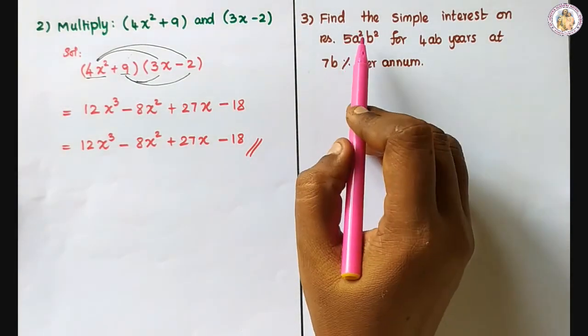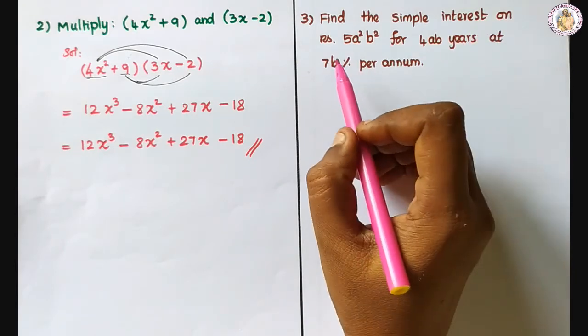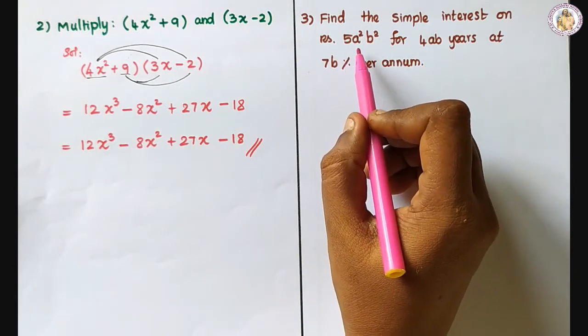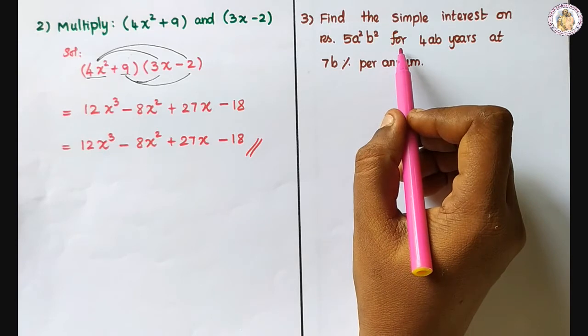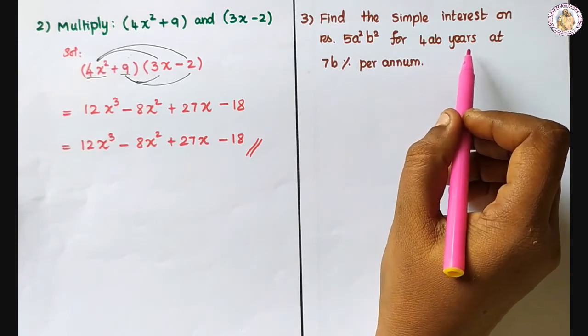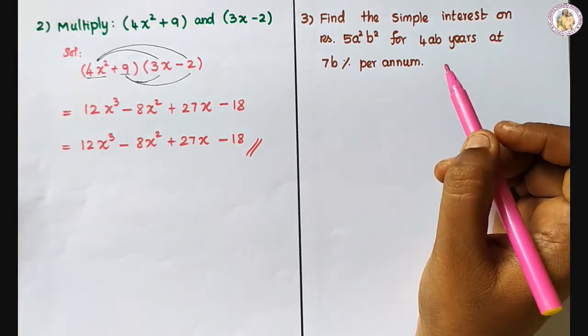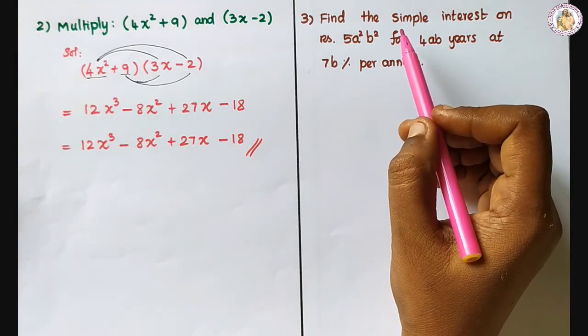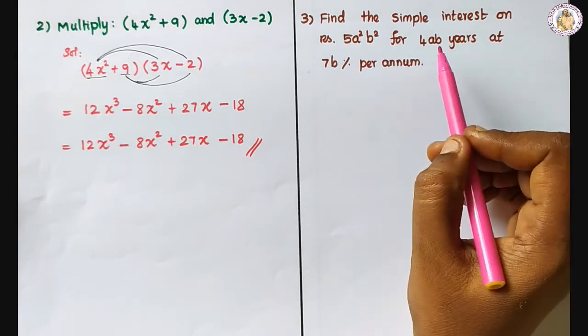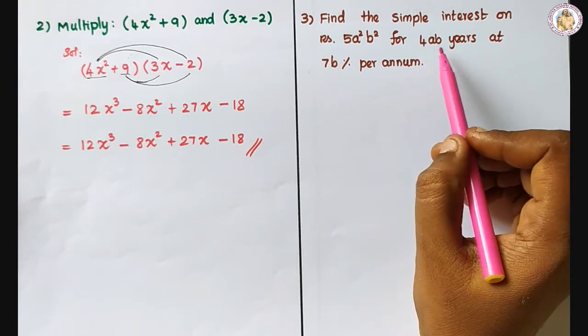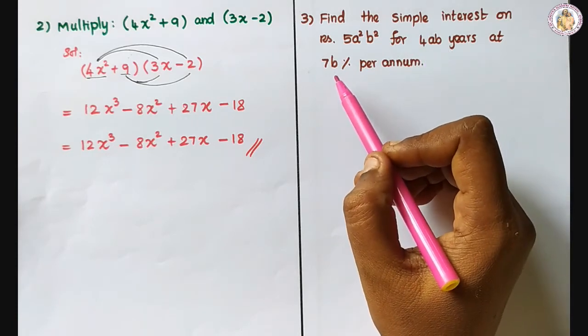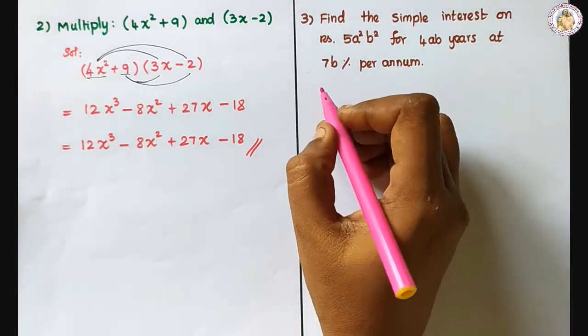Third one, find the simple interest on rupees 5a squared b squared for 4ab years at 7b percentage per annum. We have to find out the simple interest. They given the principal and number of years and what's that rate of interest.